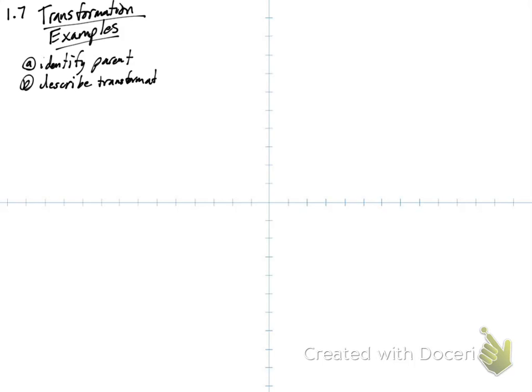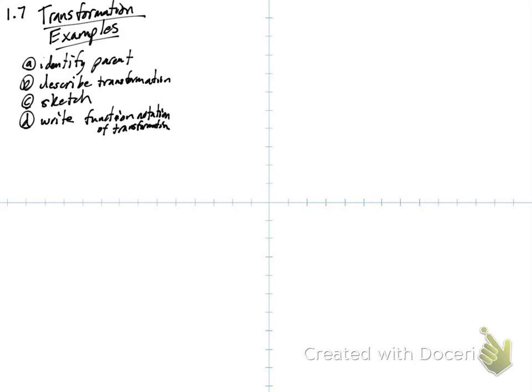Part C, we're going to graph them, actually sketch the graph. And the last part is we're going to write in function notation g in terms of f, so write the function notation of that transformation. So let's get started.